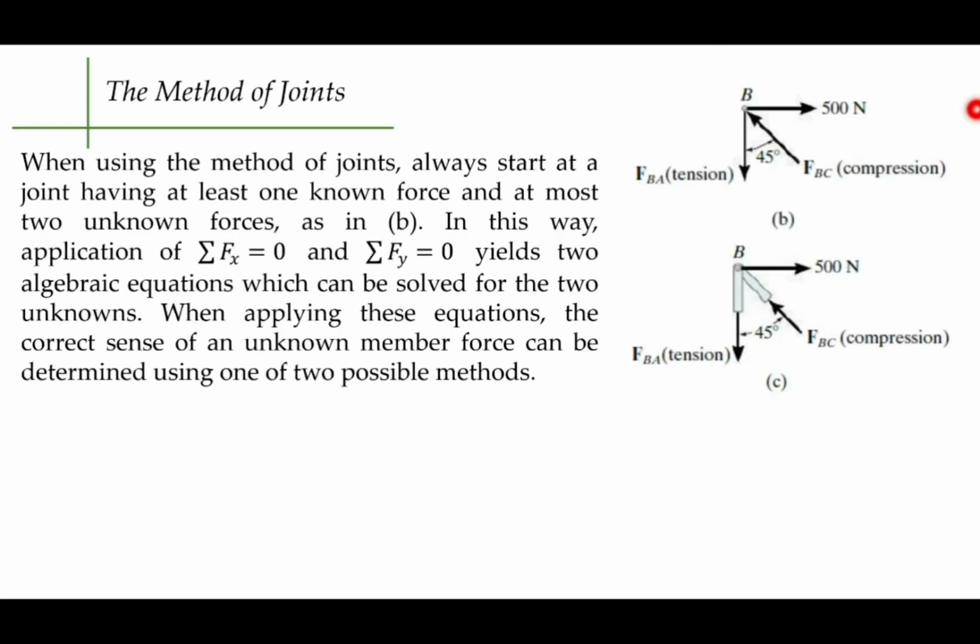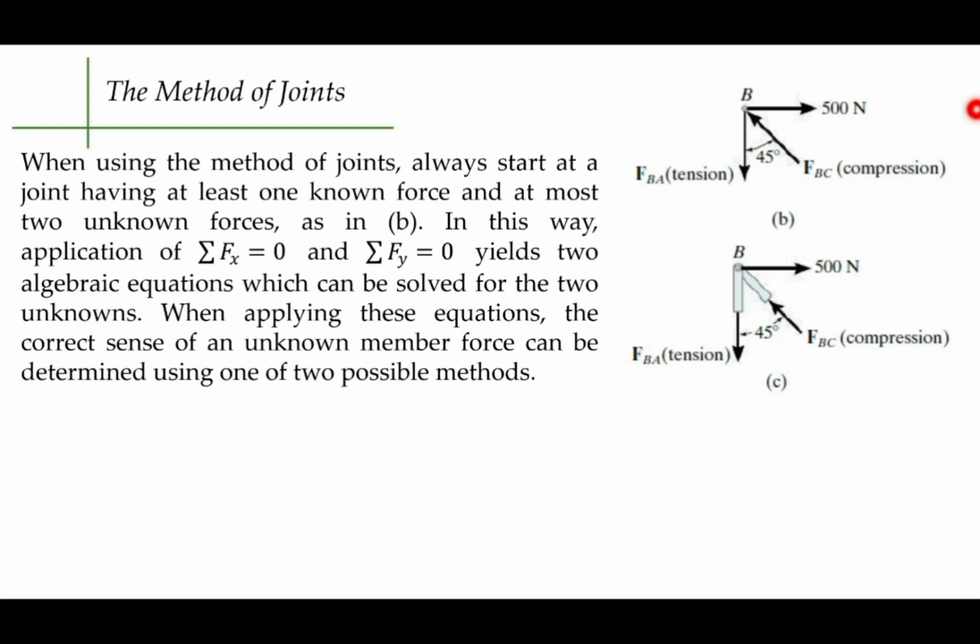Now, when using the method of joints, always start at the joint having at least one known force and at most two unknown forces, because again, we will be generating two equations from summation of forces x and summation of forces y equal to 0. Two equations, so you can only have at most two unknowns. If more than that, then you have to move on to another joint.